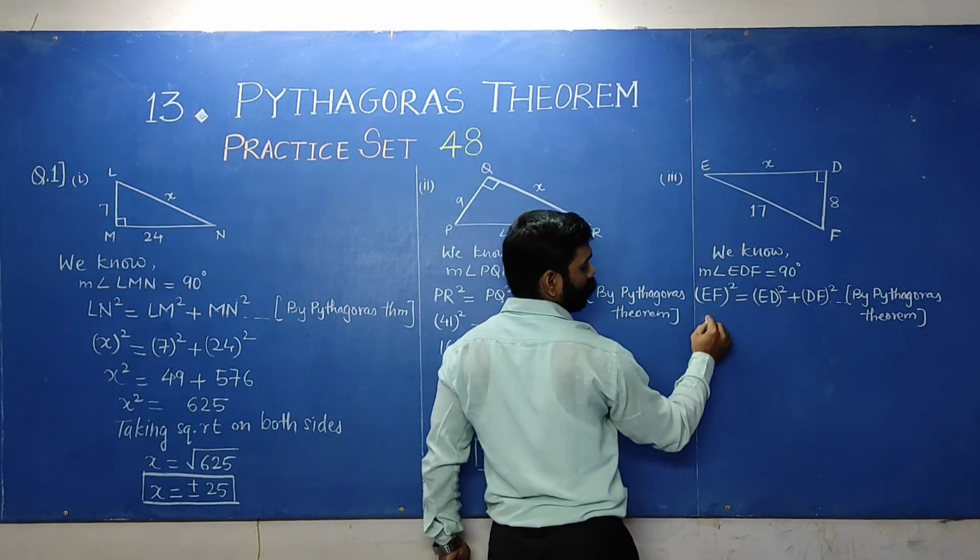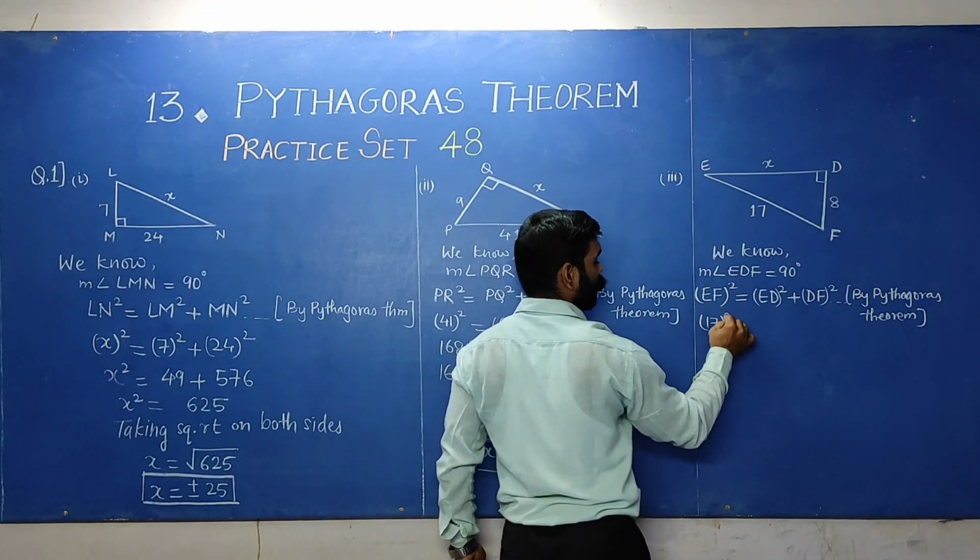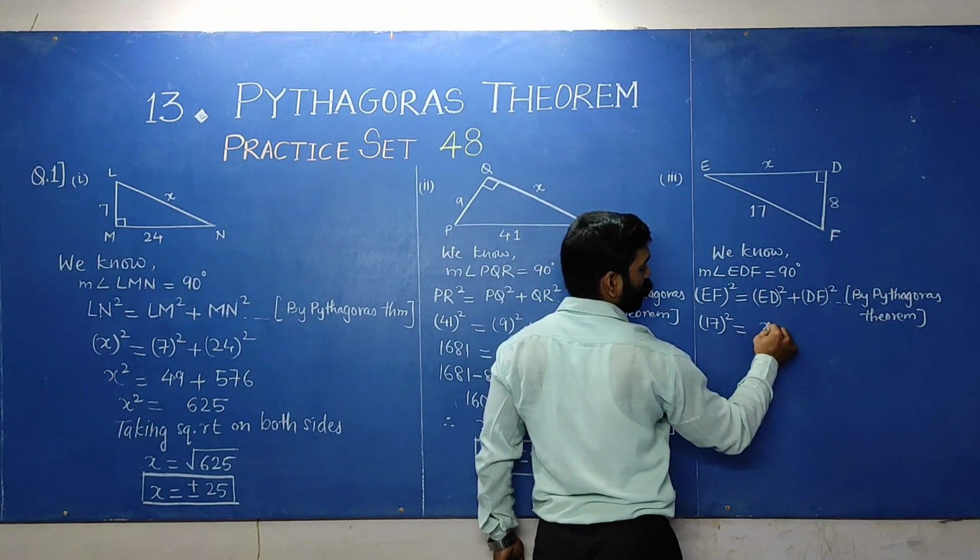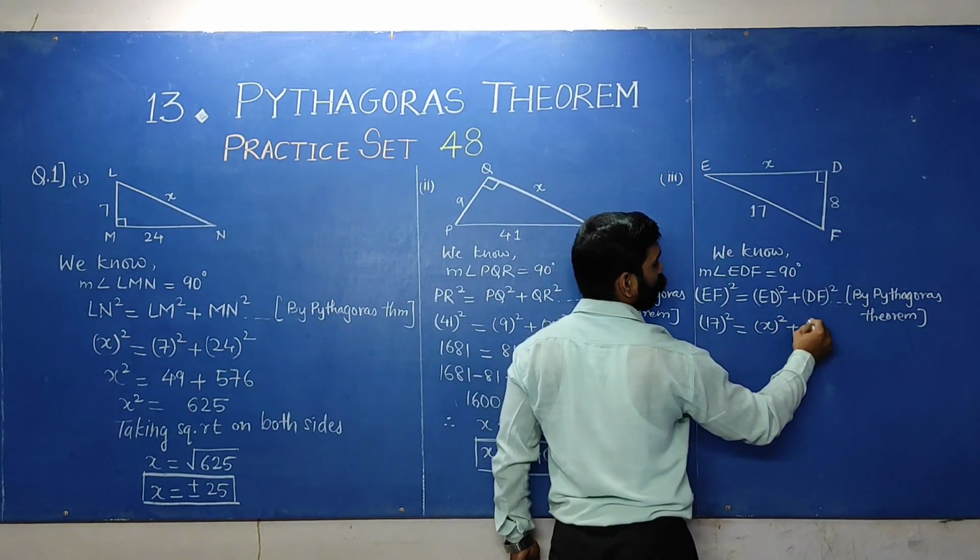What will be the EF square? EF is 17 square. ED is not given, it is x, plus DF is 8.